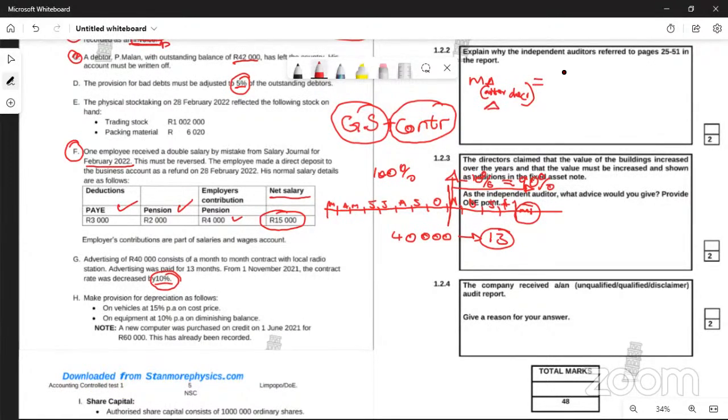So what we are going to do, we are going to take the advertisement as per the pre-adjustment. This amount that we put on the pre-adjustment, the 40,000, we divide by the month with no change.